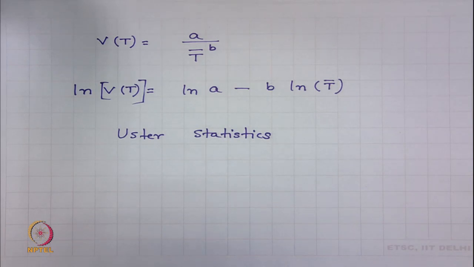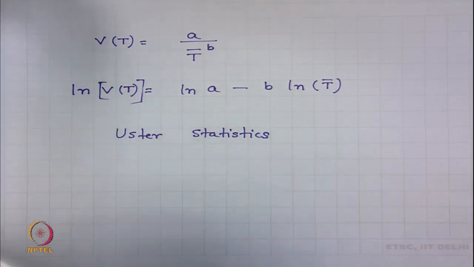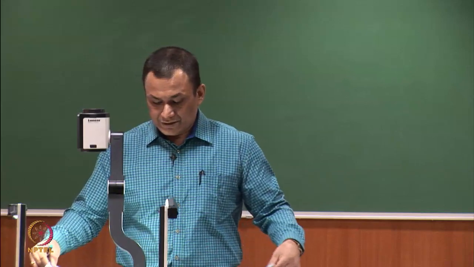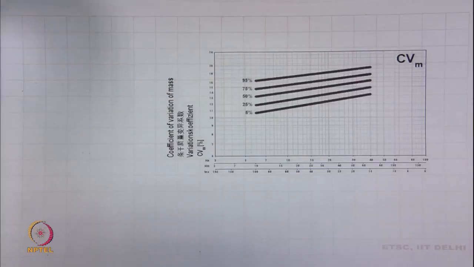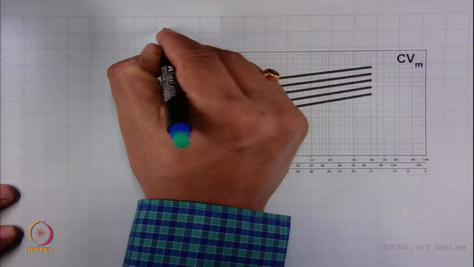How does this curve look like? This curve looks like this, the Uster statistics.